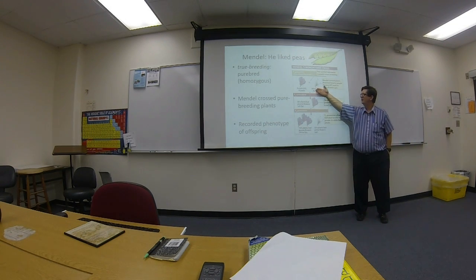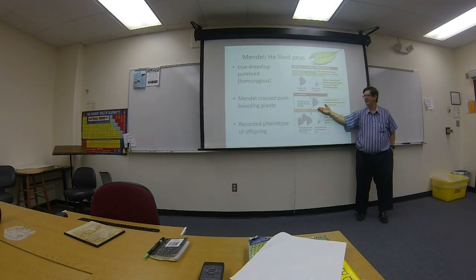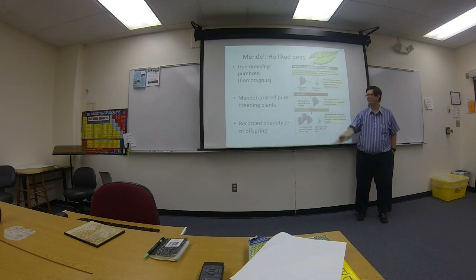All right, so we have a pure purple and we have a pure white, a homozygous recessive, and we breed those together and we get, Daniel, what's the H word? Heterozygous. Excellent, heterozygous.